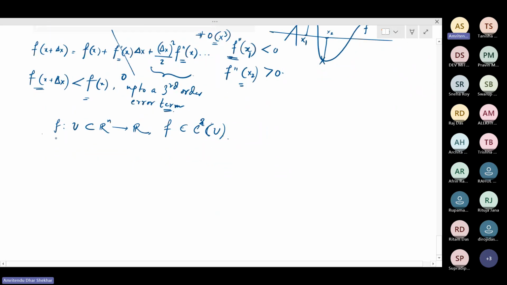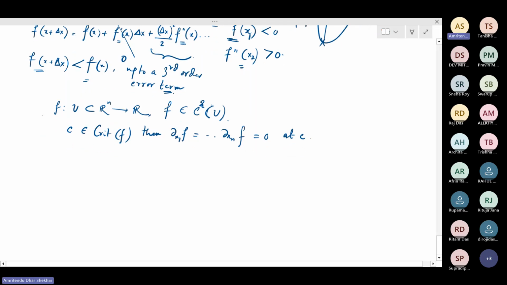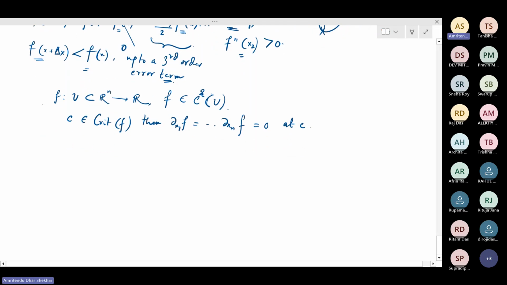So if C is a critical point of f, then we have del x1 of f up to del xn of f equal to 0 at C. Now to determine what kind of critical point C is, we have to take the second order derivative.